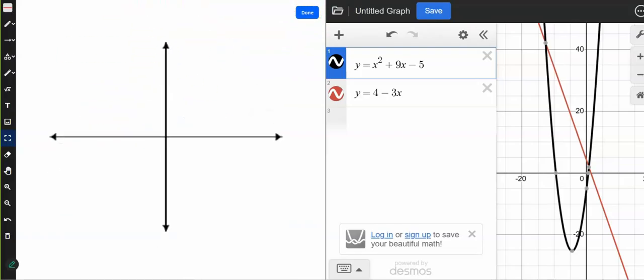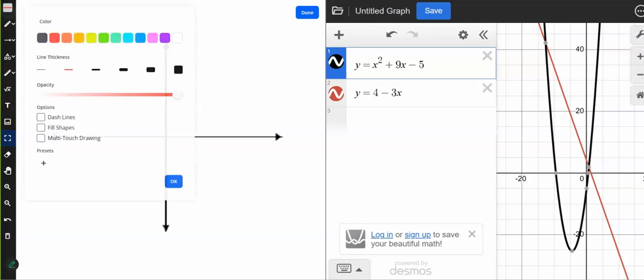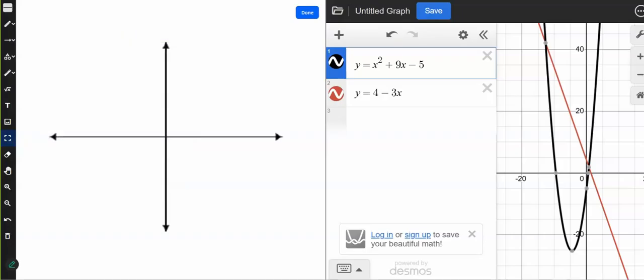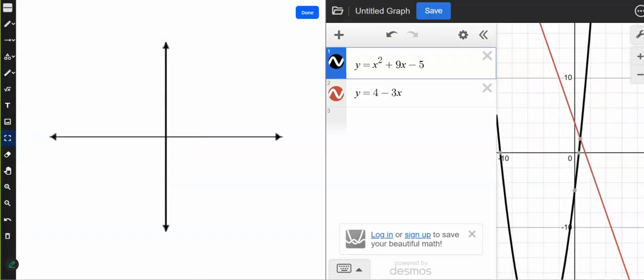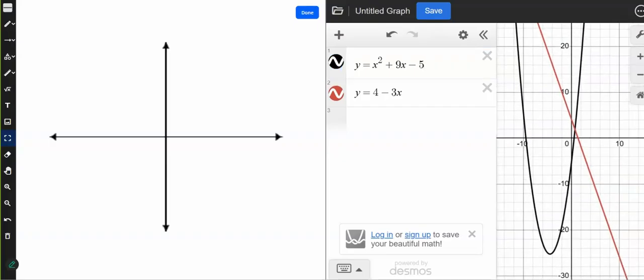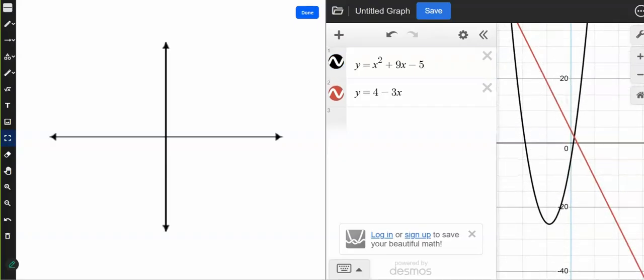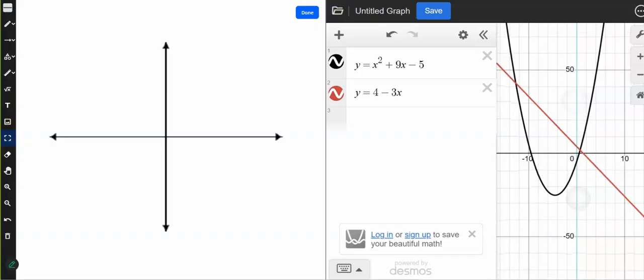So on my picture, this isn't a great looking picture. Let's see if I can get something that looks kind of nice. So I've got a graph that's doing, oops, let's come back here, scribble.